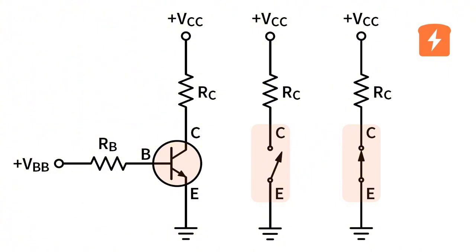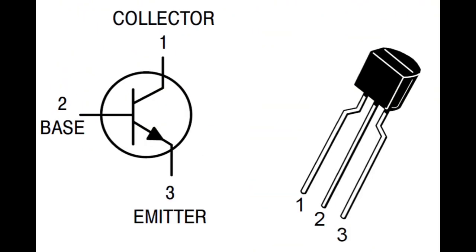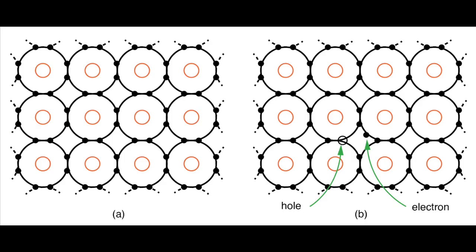It consists of three regions, which are the emitter, base, and collector, formed by sandwiching two p-n junctions together. BJTs are called bipolar because they conduct current using both electrons and holes as charge carriers, unlike unipolar devices like MOSFETs that use only one type of carrier.